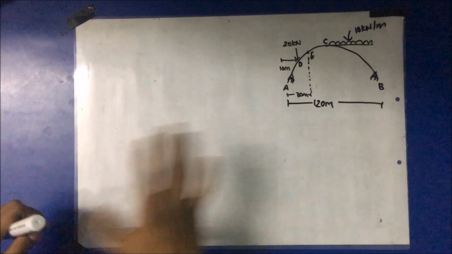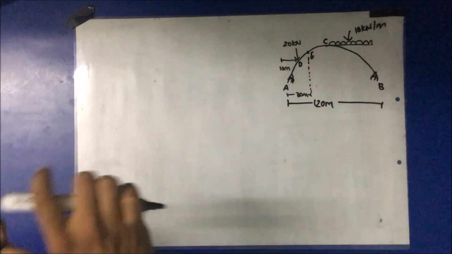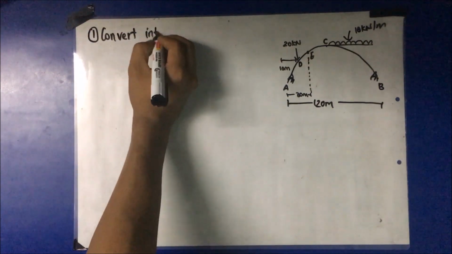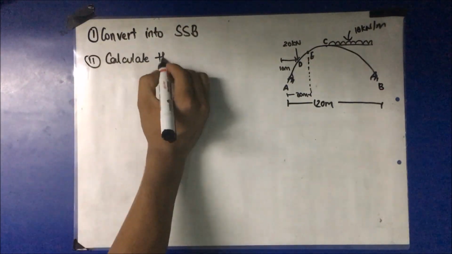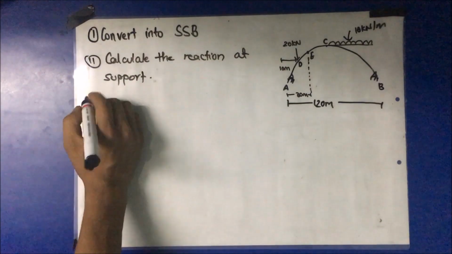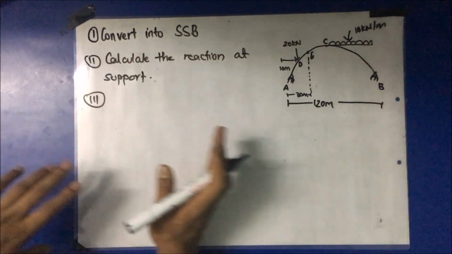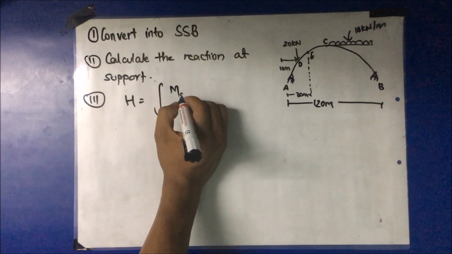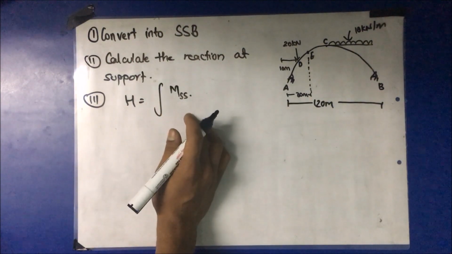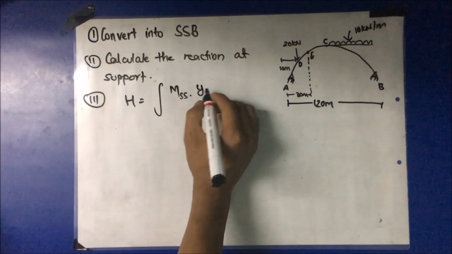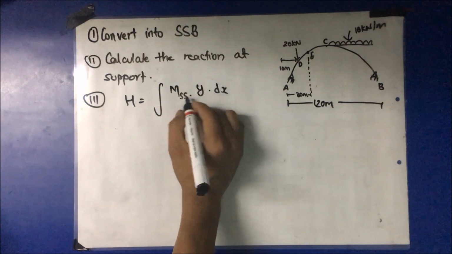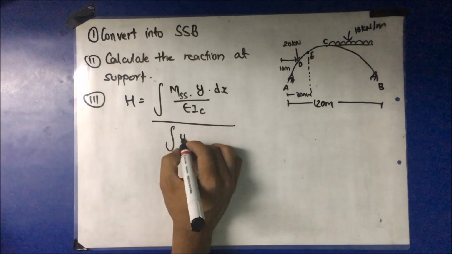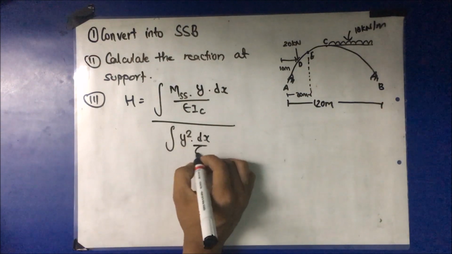Now let me write the steps for how to solve a problem related to a hinge arch. The very first step is to deal with the horizontal thrust, for which the formula is MSS, that is moment in the simply supported beam portion, y dx by EIC divided by y square dx by EIC.